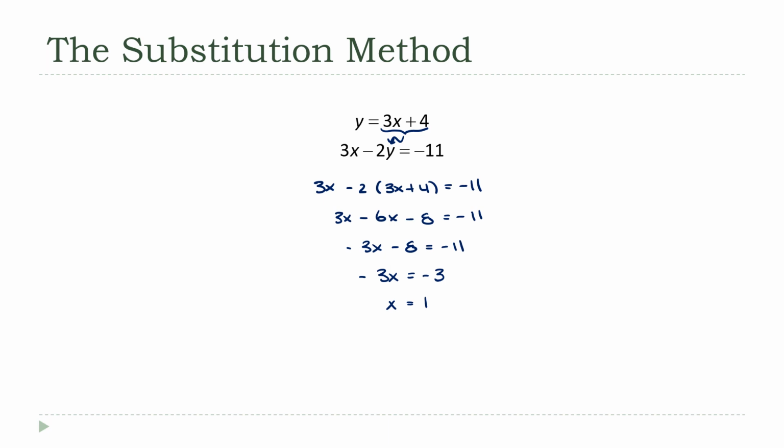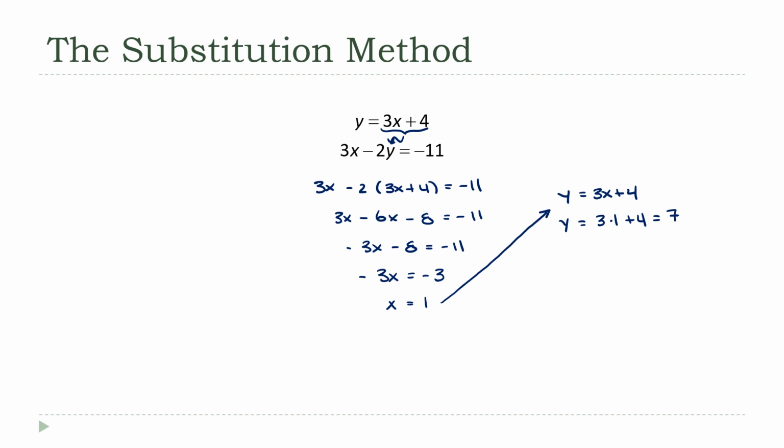I'm going to use the first one because I know I'm looking for a y value, and that one is already conveniently solved for y. So I'm going to take x equals 1, substitute it into there. This becomes y equals 3 times 1 plus 4, which is 7. And there's the other half of my answer.